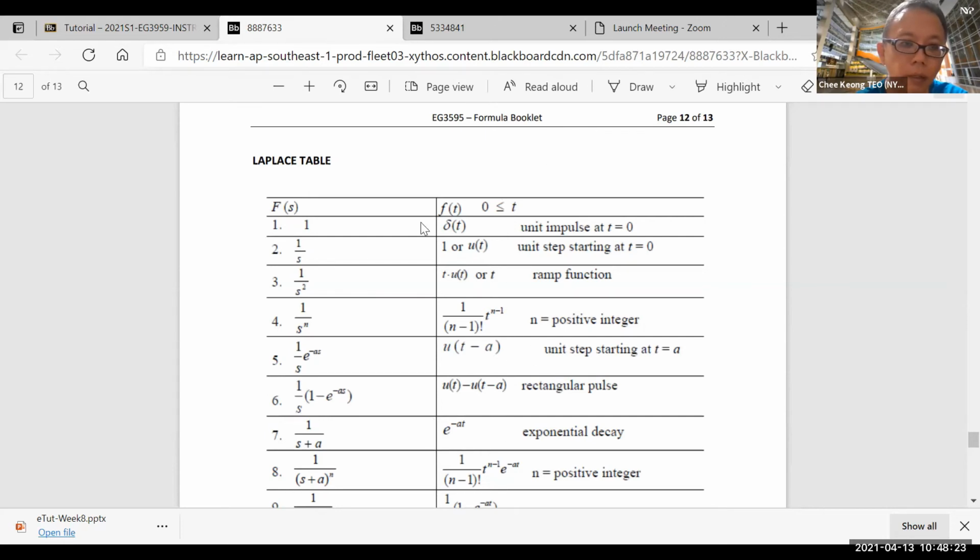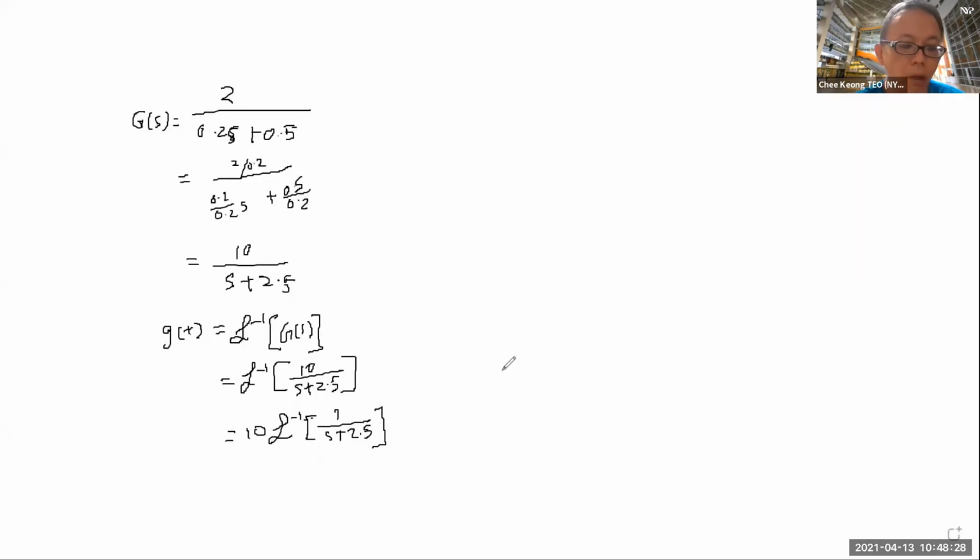Now we go back to our solution. This is 1 over s plus 2.5, so basically, after Laplace inverse you will have e to the power minus 2.5 t, where a is 2.5, right?